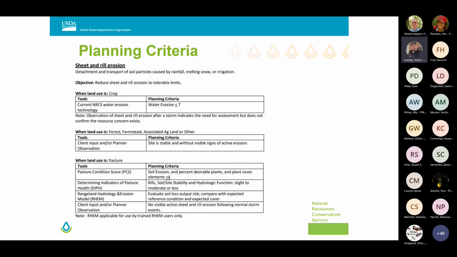So here in sheet and rill erosion, you'll see that if you have a PCS score on soil erosion, desirable plants, and plant cover elements, if one or more of those is less than or equal to 4, or it should be less than 4, then that's an indication that you have a resource concern.